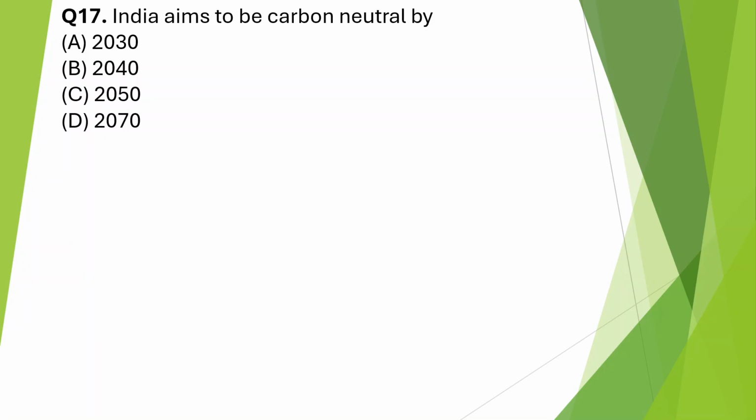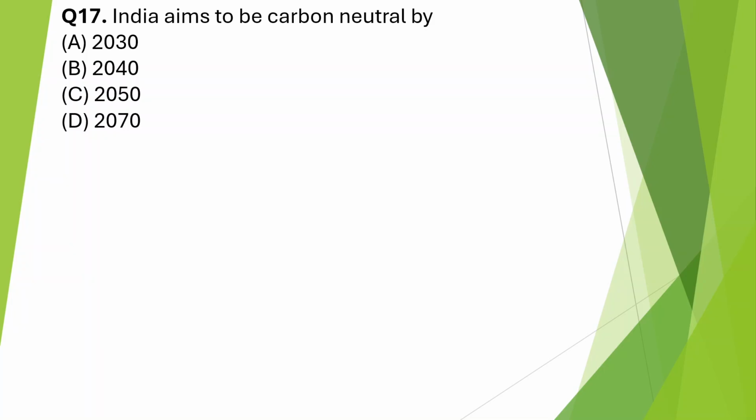If this is asked, what answer will you mark? Carbon neutral simply means whatever carbon you generate, that much you absorb or store, so it will be overall neutral carbon emission, not on a higher end or a negative end.